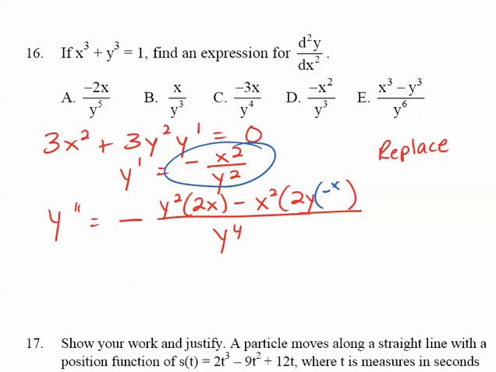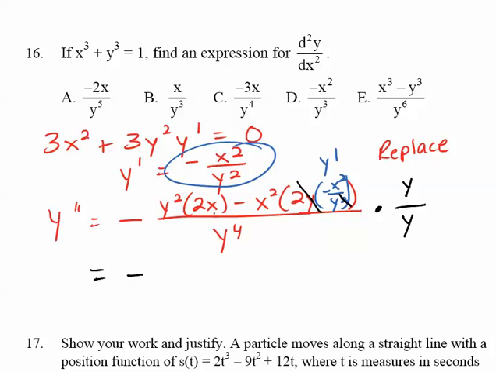So negative x squared over y squared when we replace y prime here. So we can do some canceling. This y will cancel with one of those. And then we don't want a complex fraction, so to save some writing, I can multiply by y over y.